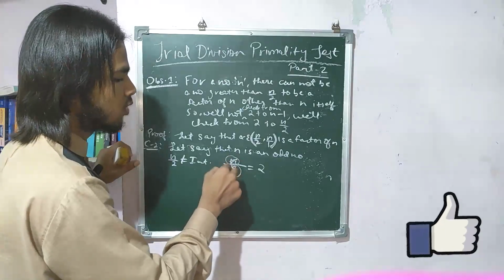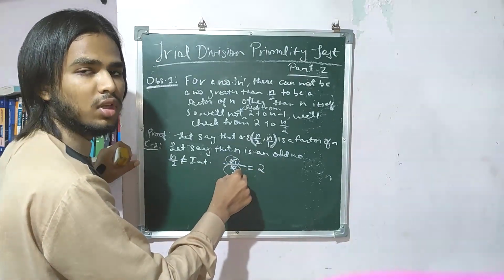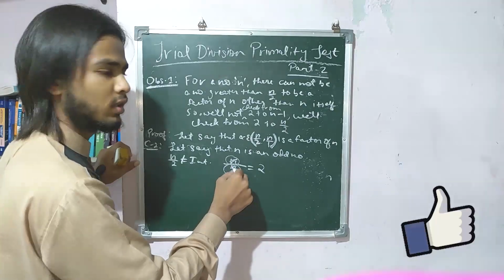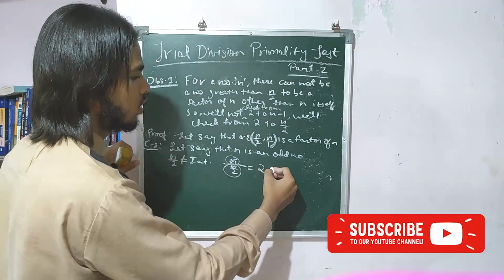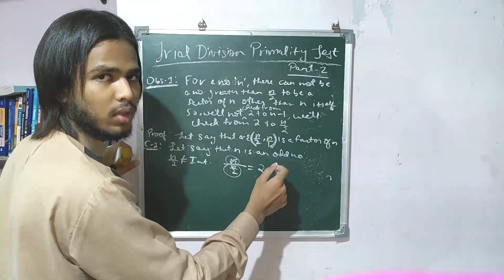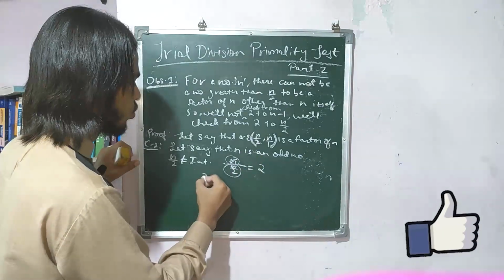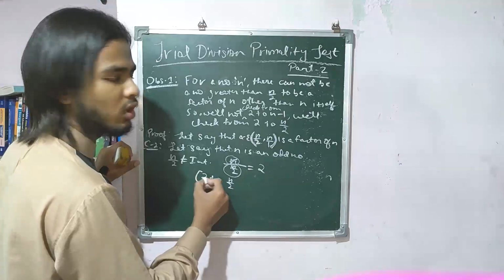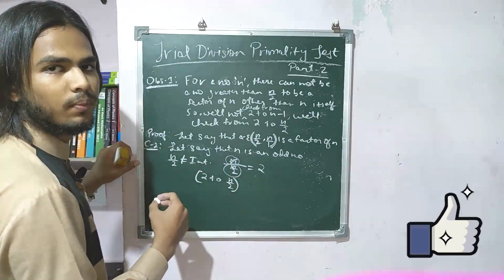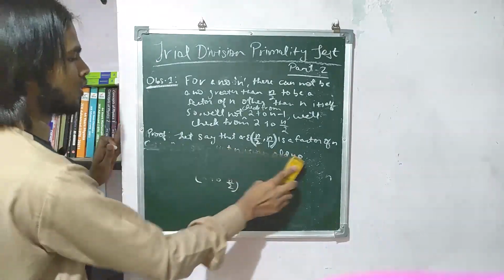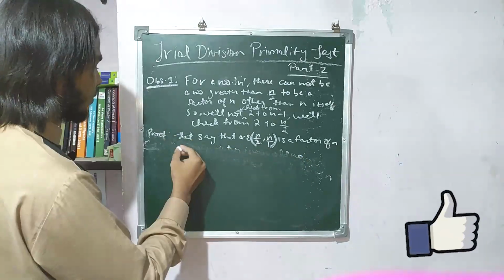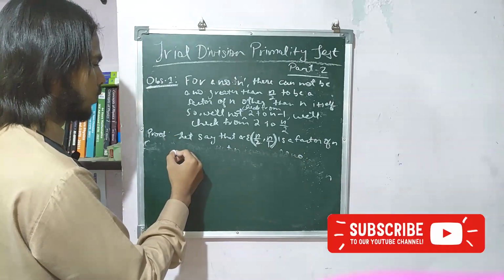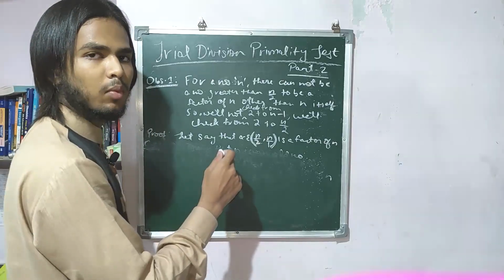So even though it will divide this completely, it will not be considered in the definition of factors. So when n is an odd number, we'll check from 2 to n by 2, 2 including but n by 2 excluding.